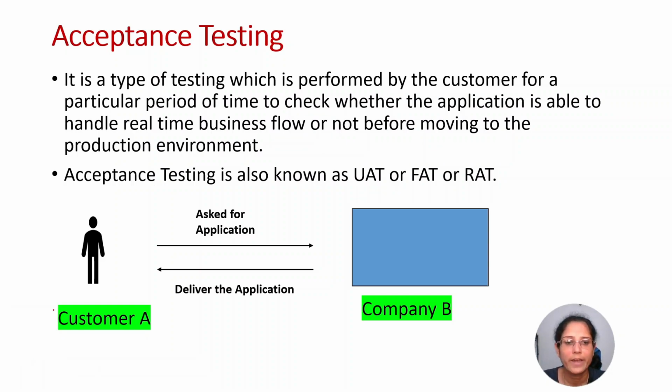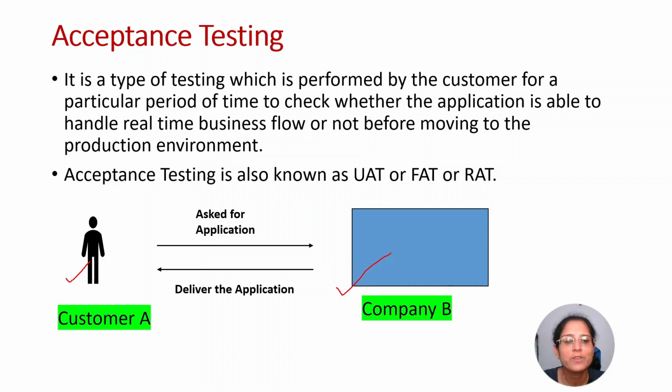Let's look at this diagram. Suppose there is a customer called A, there is a company called B. Now, what this customer A will do is, he will explain all the requirements, what they need.